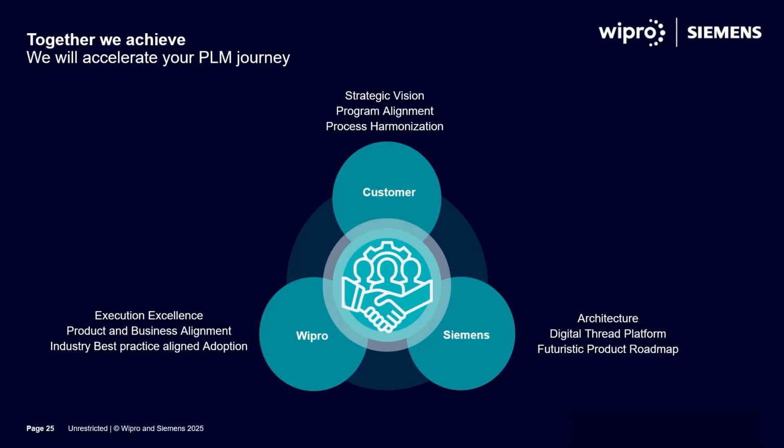The strategic alliance between us goes a long way. The Siemens futuristic platform and Wipro's execution excellence together have delivered excellent value to our customer. We will continue to deliver value with the best of all our resources and knowledge to accomplish your PLM vision.